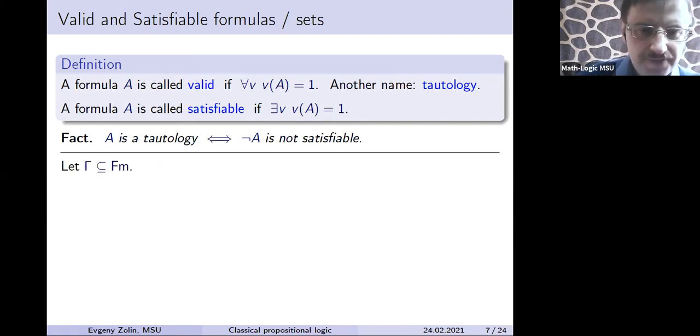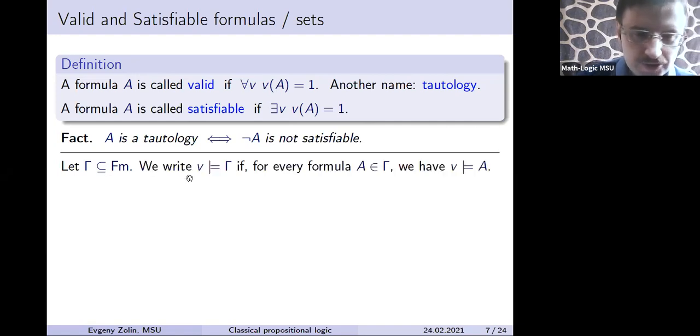It is convenient to extend some of these notions to sets of formulas. So if we have some gamma, some set of formulas, finite or infinite, firstly, we extend this notation. This set of formulas is called true under the valuation V if all formulas are true, if V of A is 1 for all formulas A from our set gamma.